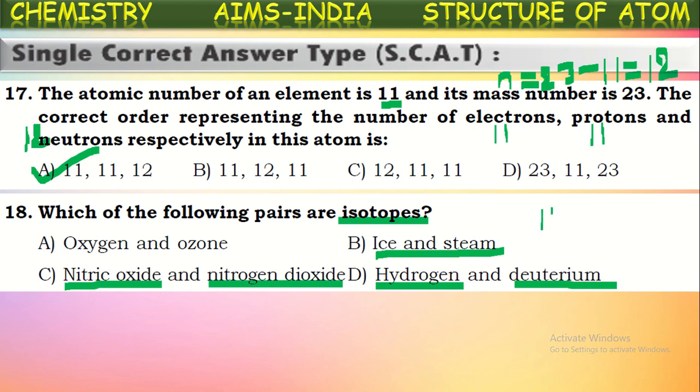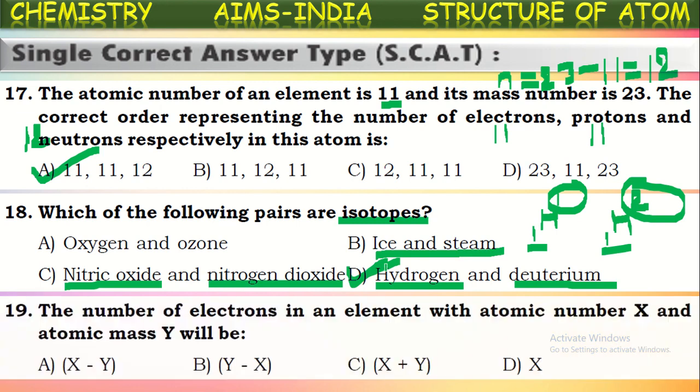So this hydrogen is represented like this with atomic number 1 and mass number also 1. Whereas deuterium is represented with atomic number 1 and mass number 2, because this deuterium exists with one neutron, whereas normal hydrogen has no neutrons. Now if you observe these two, they have same atomic number but different mass numbers. That's why these are called isotopes. This is the correct answer.